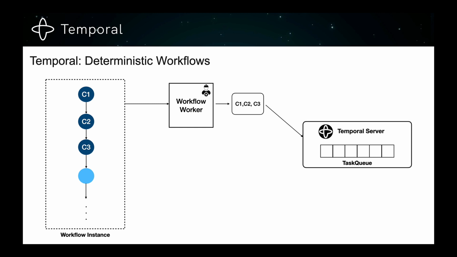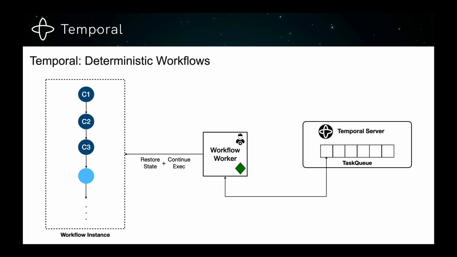Whenever the Temporal server has done all that and says, okay, now we can proceed execution of a workflow, it puts a workflow task on a task queue. Now, this workflow task is picked up by a worker, and Temporal being a distributed system, it can be a completely different worker than the one that actually sent the commands for our execution to the Temporal server.